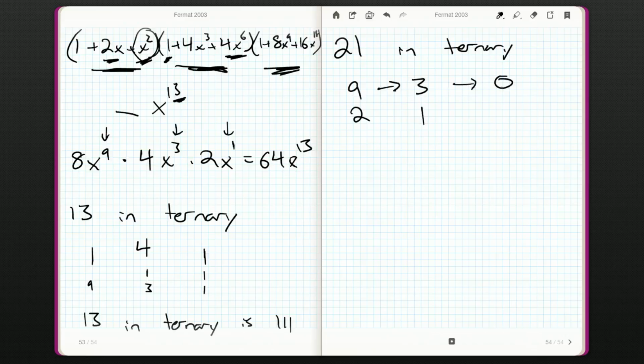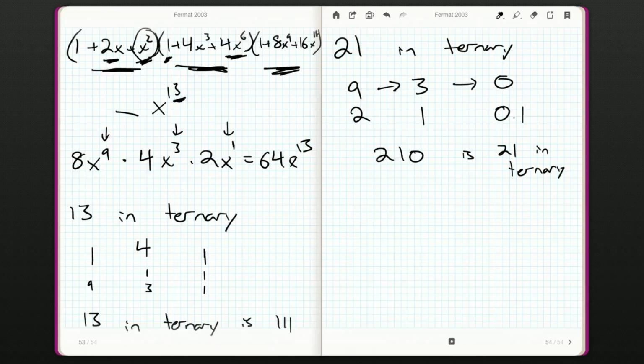What's left over? 0. So 0 1s will go in here. So 2 1 0 is 21 in ternary. So if you haven't seen ternary before, that's sort of your crash course there. I would recommend you look up binary and how binary works, and then move on to ternary if this is a brand new concept for you. Okay.